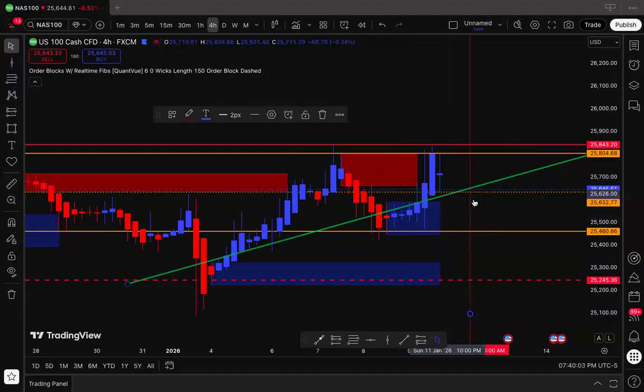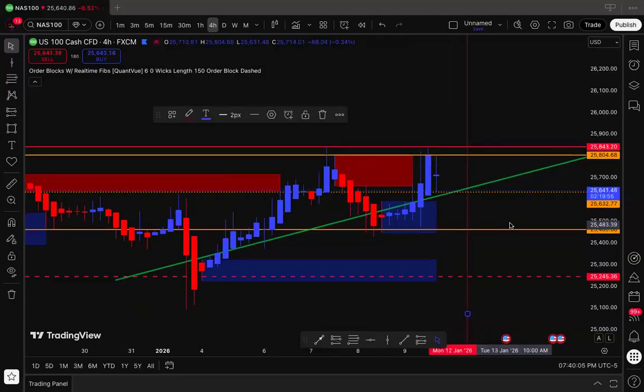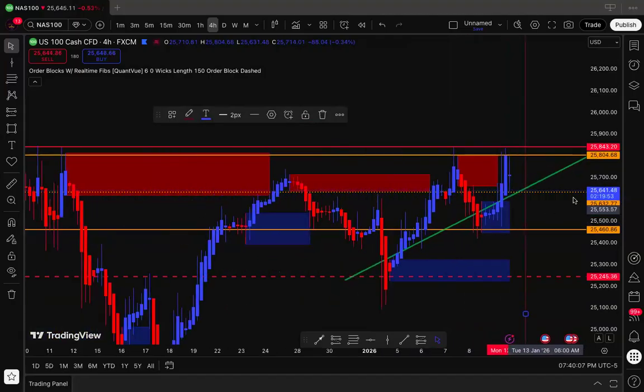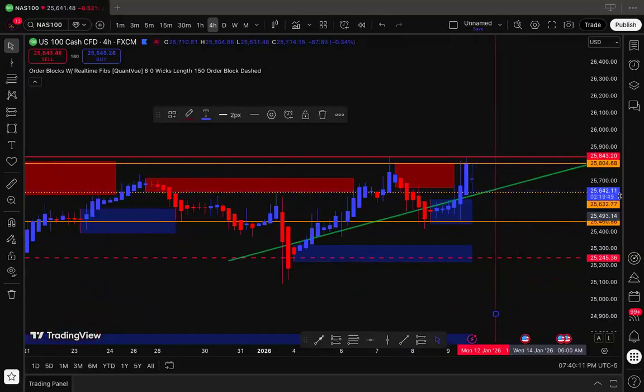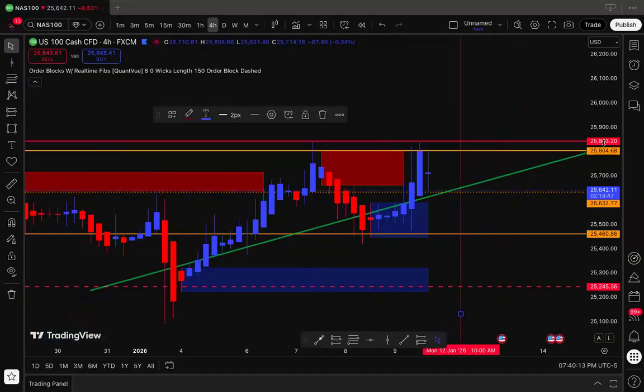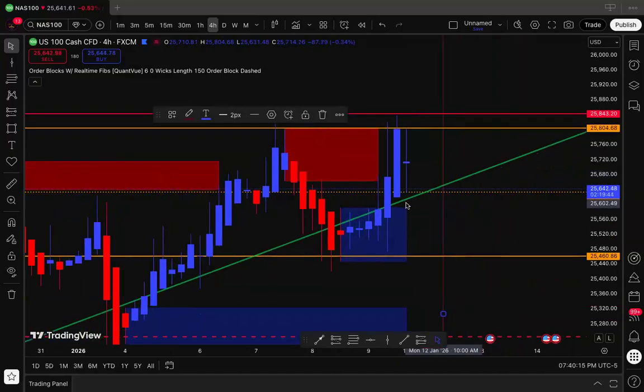It's actually rejecting the entry right here, but I don't get in before New York session. But this is where you want to take it at. I want to get in before session, because it's likely going to retest this order block.